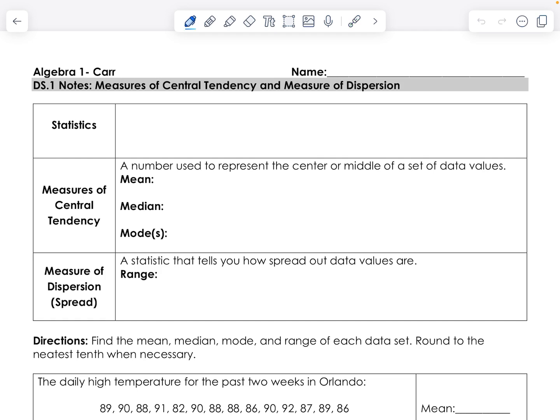So statistics is a bunch of numerical values, meaning numbers, used to summarize and compare sets of data.